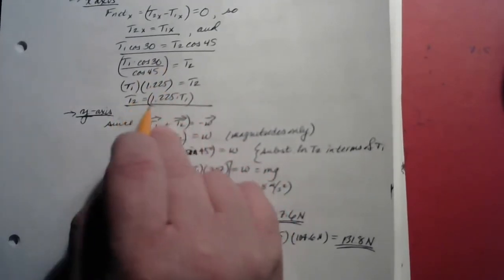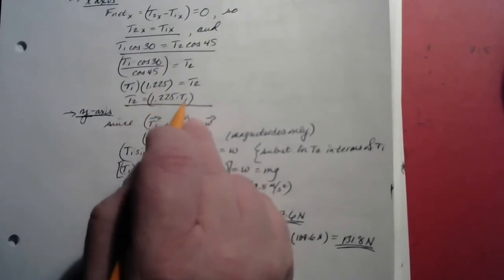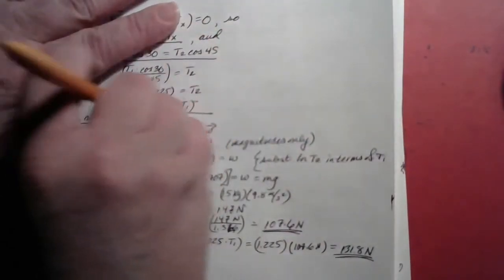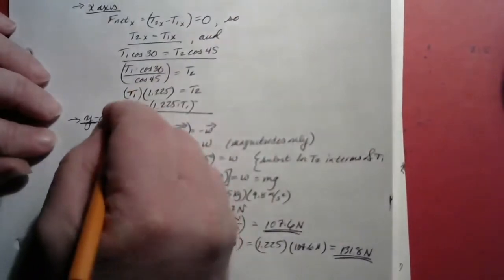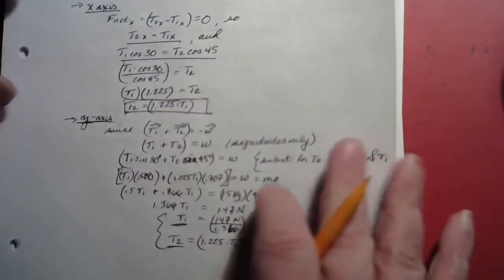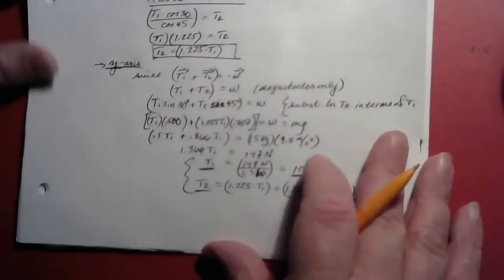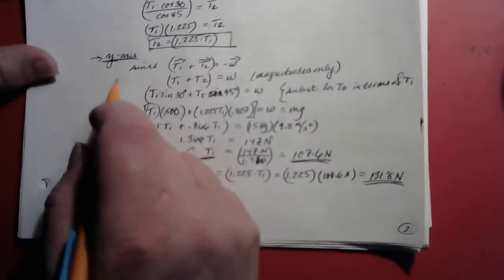So T2 is equal to 1.225 T1. This is what you normally do when you have two equations with two unknowns. You take one of the equations and solve for one of the unknowns in terms of the other unknown. And then you insert it back in the equation.